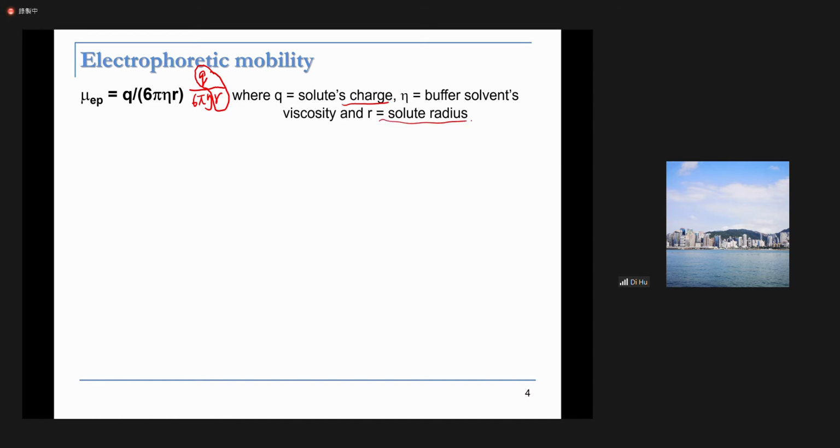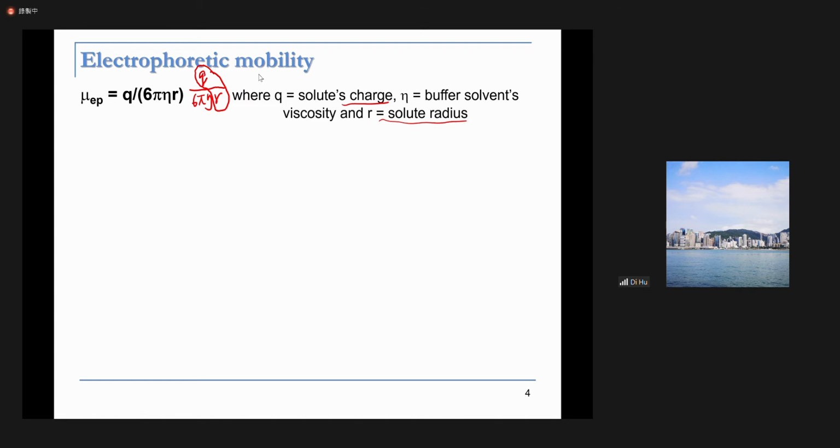Now we are talking about the ions, the molecules in aqueous buffer. In aqueous buffer, what kind of radius is this? Choice A is the bare ion radius, and choice B is the hydrated ion radius.